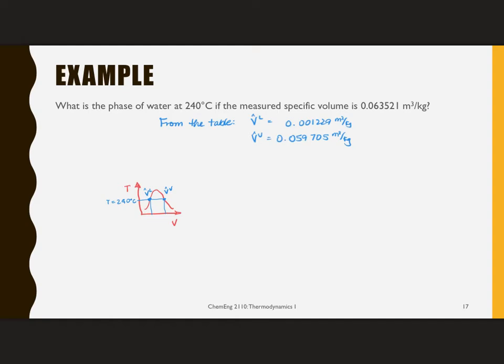So 0.063521 is greater than the volume of the saturated vapor. So therefore, my point is somewhere over here, making this a superheated vapor. And now you're probably starting to see why I abbreviate these all the time, so I would abbreviate this as SH.